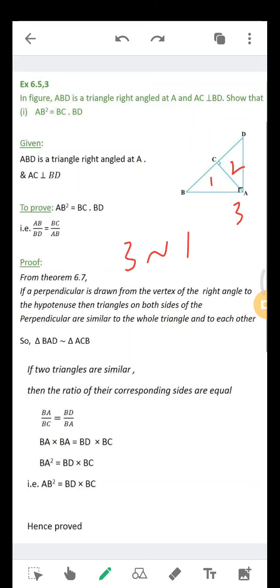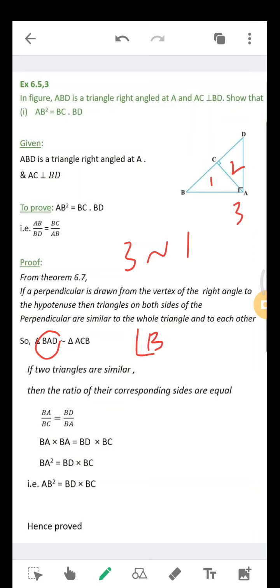So these two triangles are similar, so we can say BA by... This should be named as BAD. Let's see the angles also. Angle B in triangle BAD.